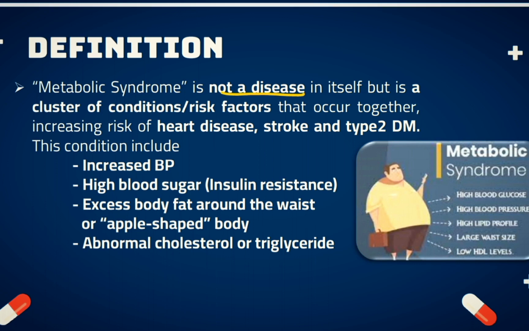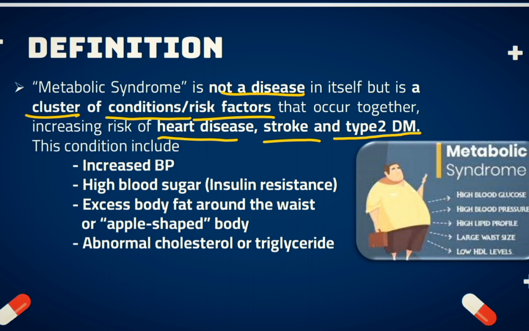Actually, it's a cluster of conditions or risk factors which, if they occur together, can increase the risk of heart disease, stroke, and type 2 diabetes mellitus in a person.